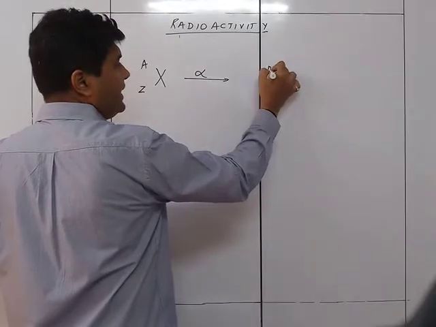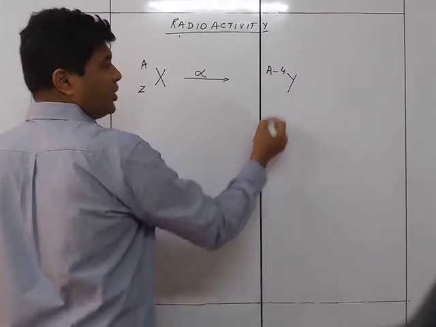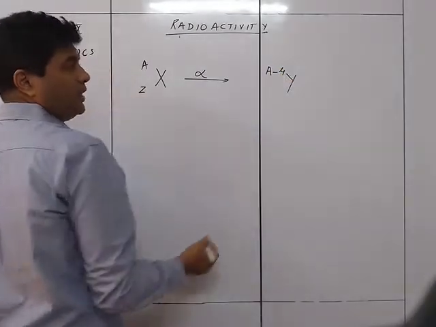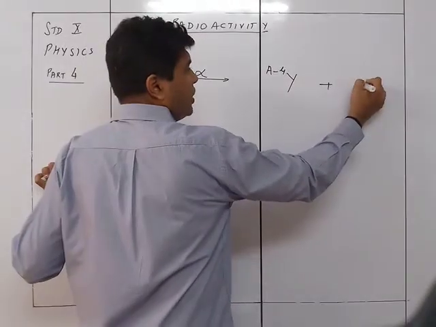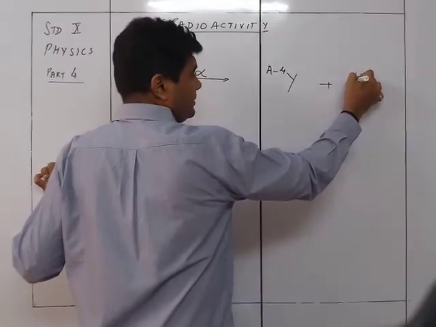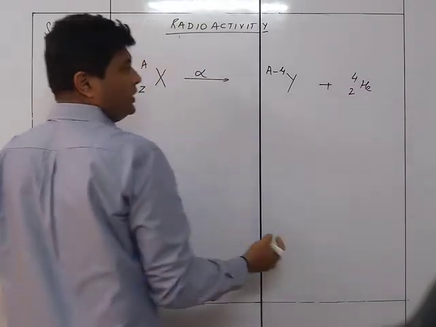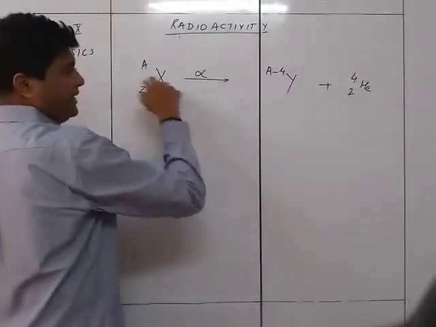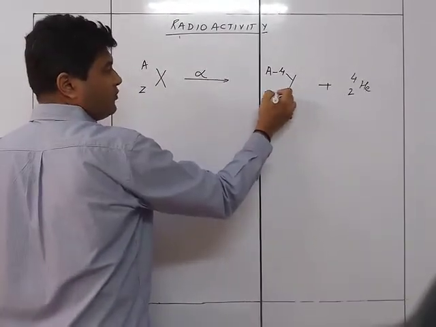So it will be A minus 4 because of the loss of the helium nucleus, that is 4. That's why 4 is subtracted from A and 2 is subtracted from Z.